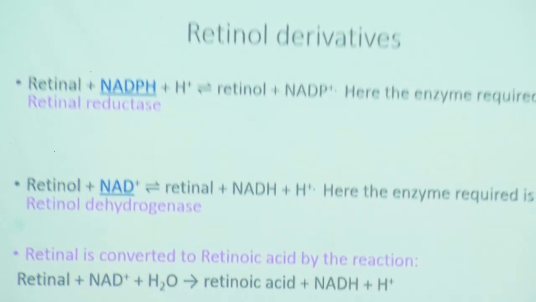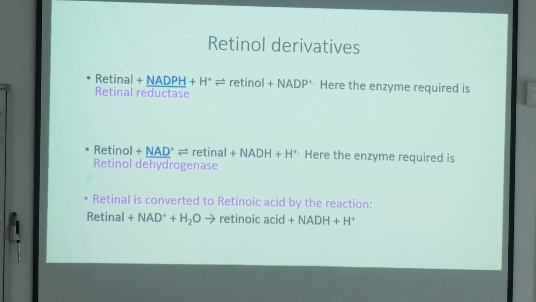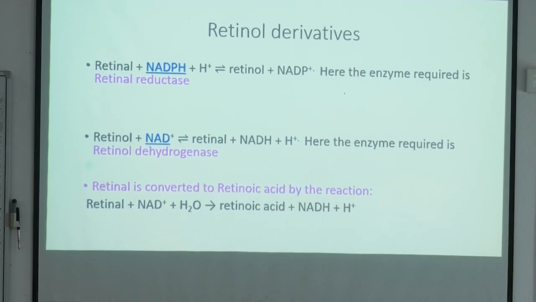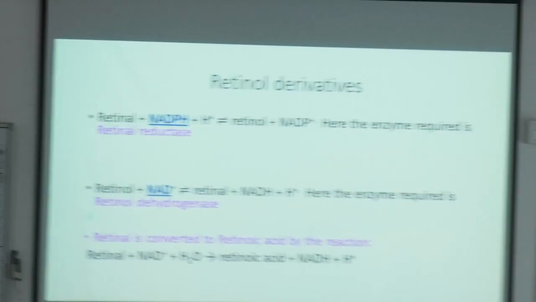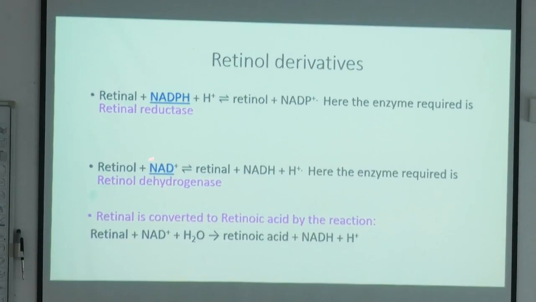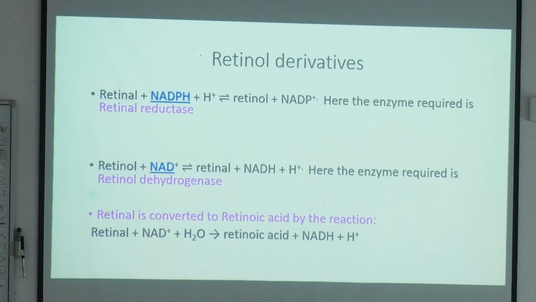Retinol and retinal are interconvertible. I have just discussed that whenever necessary in the body, retinol, the alcohol, is converted to aldehyde. So here retinol is converted to retinal, and the enzyme required is dehydrogenase. We do not need to remember this enzyme. It is required for the eye, for ophthalmology purposes.